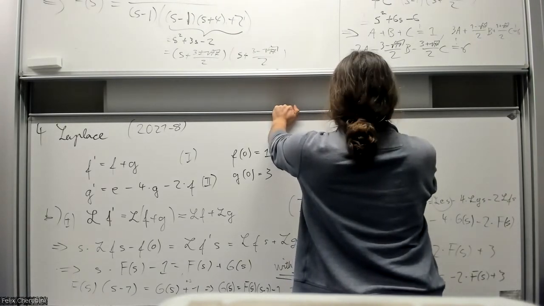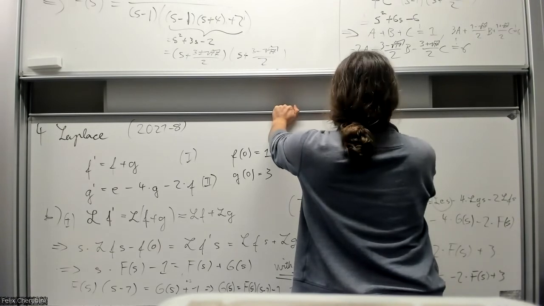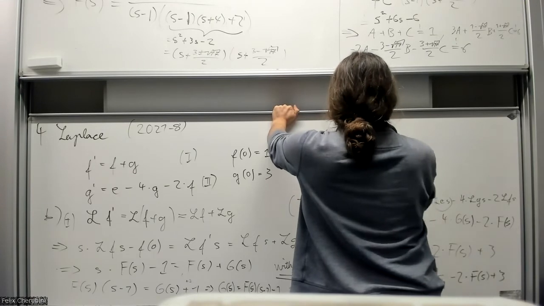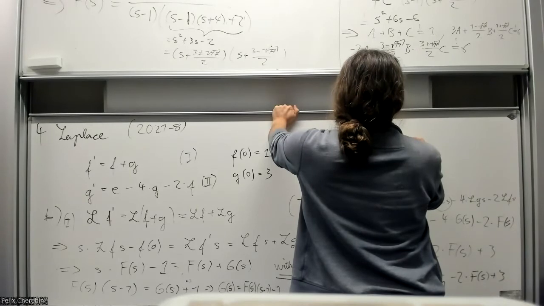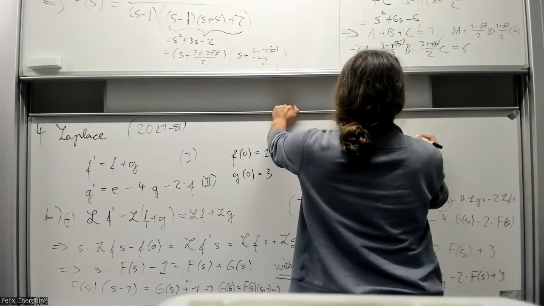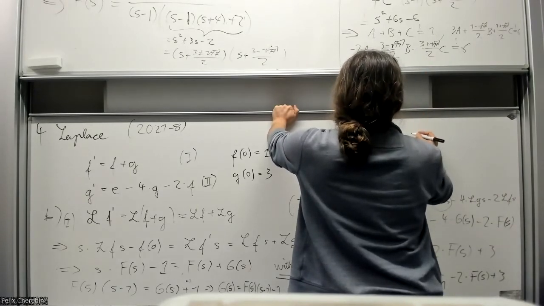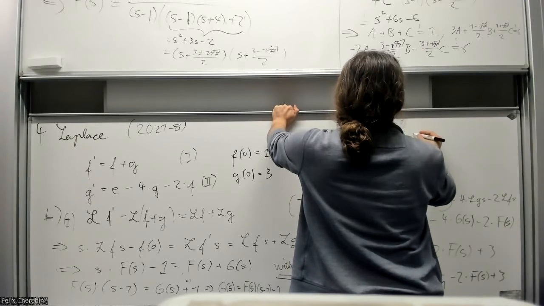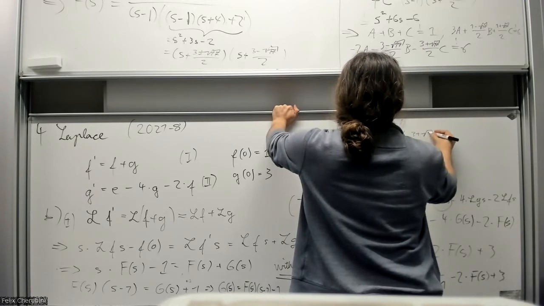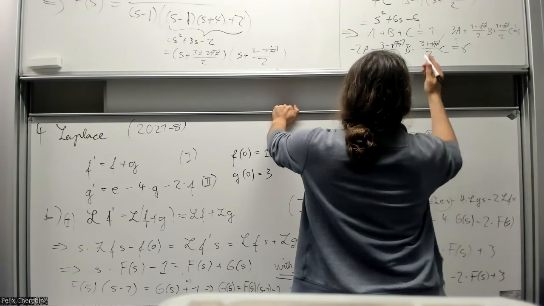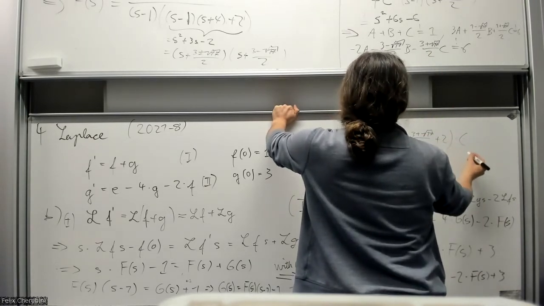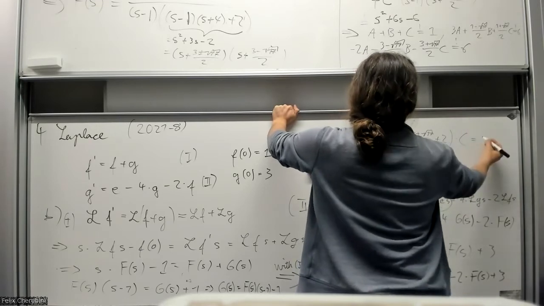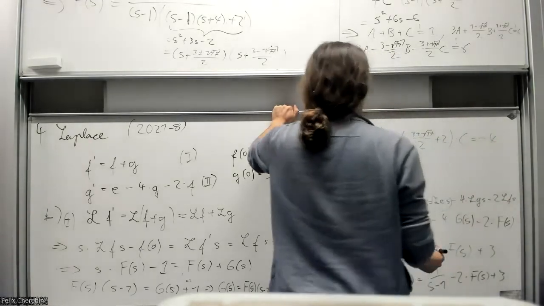I'll just write it down first. So 2 plus 2 times b, and I have plus 2 plus 2 times c equals minus 4.